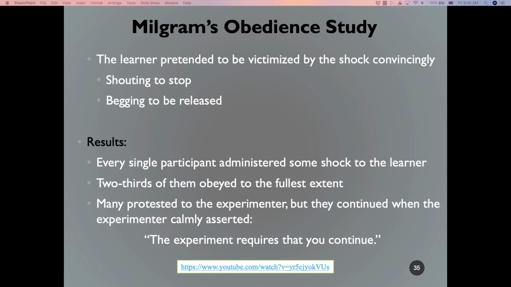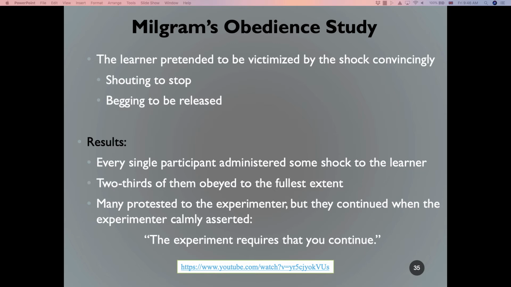Now, every single participant in this study administered some form of electric shock to the participants who didn't actually get an electric shock but thought they were getting an electric shock. 80% of these individuals actually obeyed to the fullest extent by giving these individuals an electric shock above and beyond what was humanly good. Even though they may have said, I don't want to participate anymore, I feel uncomfortable, they still continued to obey orders.